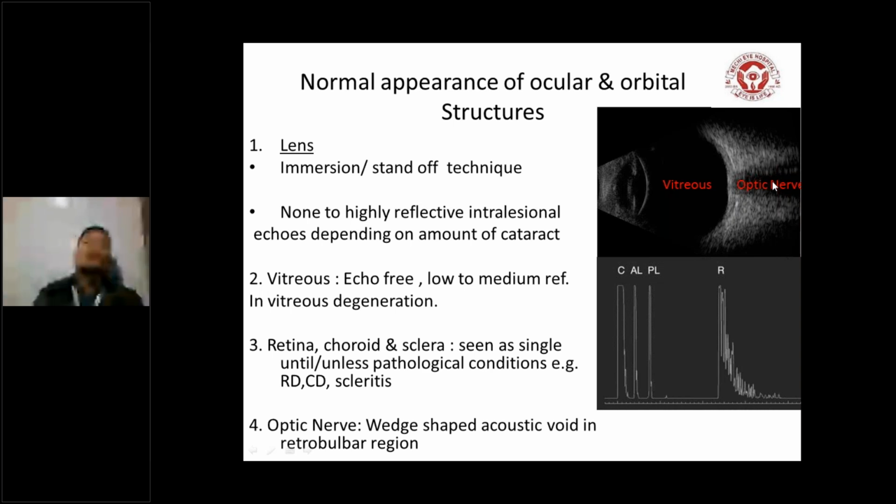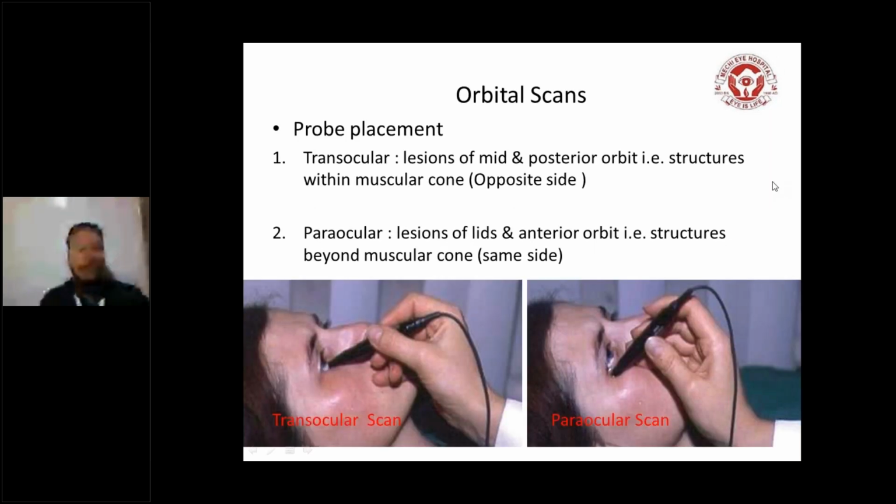lids. So just like a transverse scan, in transocular scan the probe is placed at the opposite side to the area of interest. Suppose there is pathology in the superior quadrant, we have to place the probe inferiorly.